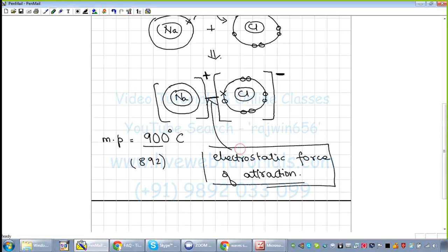If you consider other compounds like ammonia or methane, CH4, at room temperature these substances are gaseous. So the melting and boiling points of covalent compounds generally will be quite low as compared to the melting and boiling points of ionic compounds.